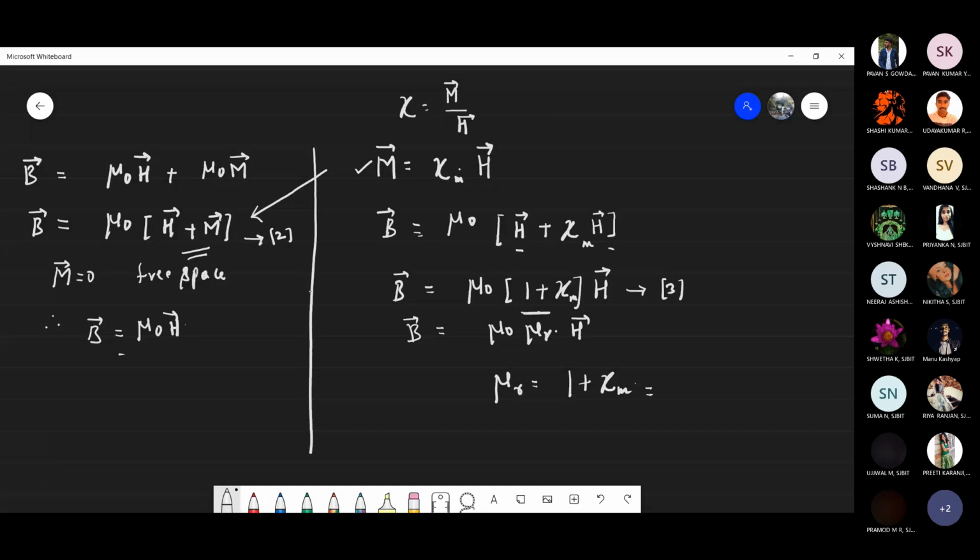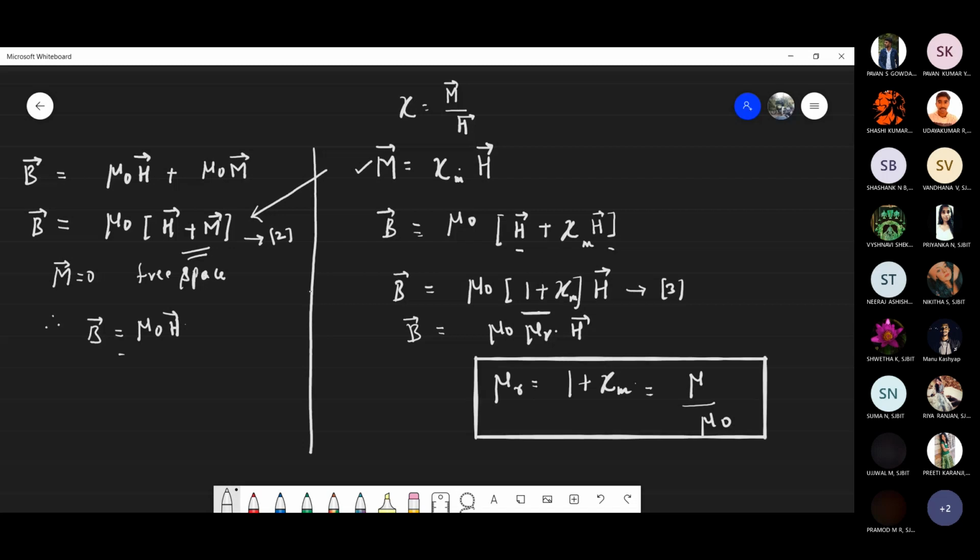Which can also be written as mu by mu naught. This is another relationship between the permeability of any given material and the susceptibility, with mu and mu naught. So what is mu equal to?